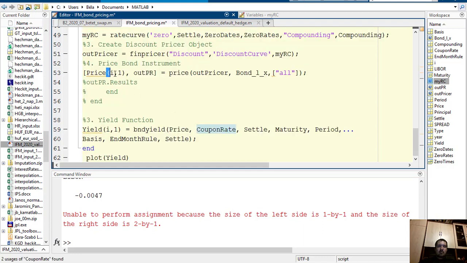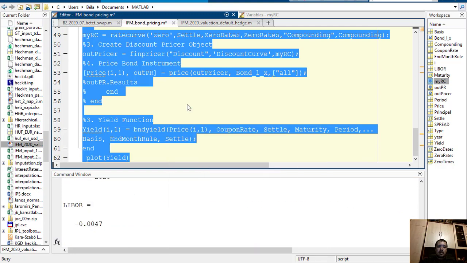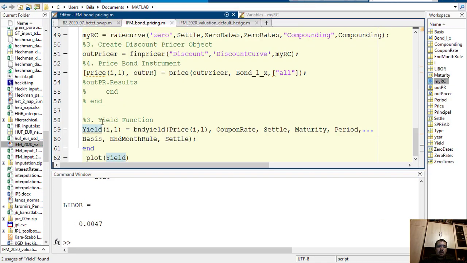Oh, this will be fast. Yep, it is. So again we had this curve here, but what happened with the price?